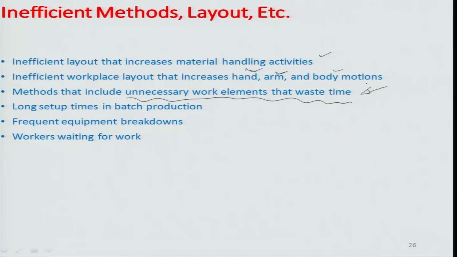Okay. So, these are some of the things which are mentioned here, for example, long setup times in batch production, frequent equipment breakdowns, workers waiting for work; these are all part of how inefficient methods and layouts can contribute to loss in productivity.